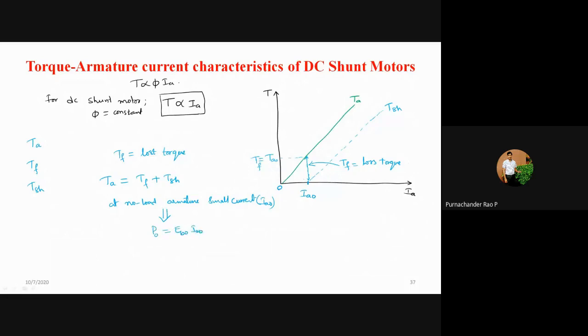This is nothing but the losses which have to be compensated: friction and windage losses plus shunt field losses, or iron losses. Combined, we call these stray losses.